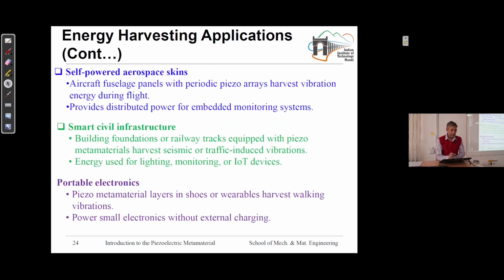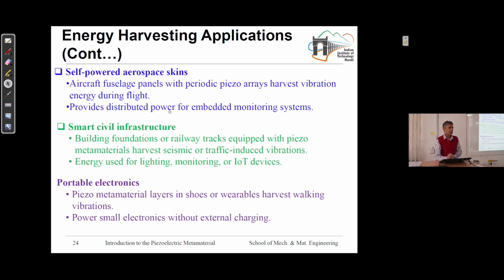Self powered aerospace skins: aircraft fuselage panels with a periodic piezo array harvest vibration energy during flight and provide distributed power for embedded monitoring systems.